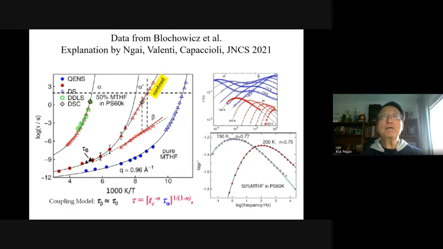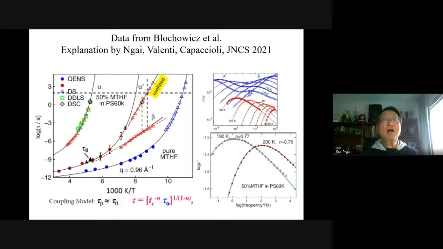But then when you calculate, even in this case, the beta relaxation is resolved, and there are two relaxations, alpha and alpha prime. The alpha has to do with the MTHF, the molecule we're studying, which is dielectrically active, and the polystyrene is not seen because it has a very small dipole moment.